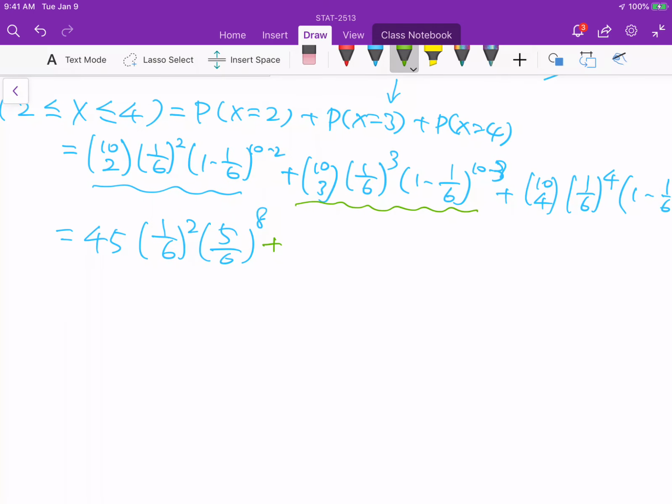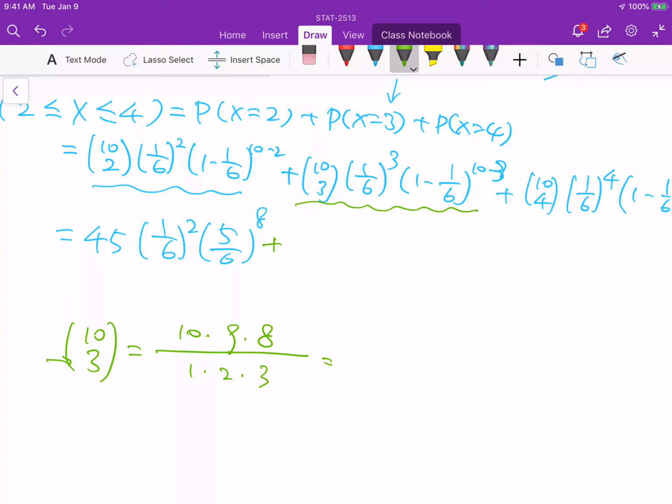This is plus 10 choose 3, right? The numerator involves 3 integers, counting down from 10: 10, 9, 8. So 3 integers, right? And the denominator, we count up from 1: 1, 2, 3.